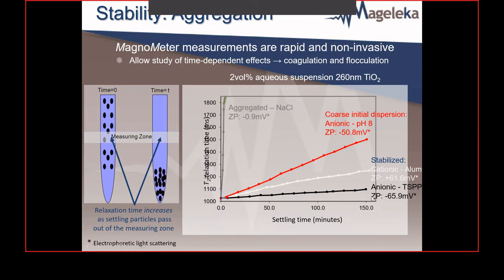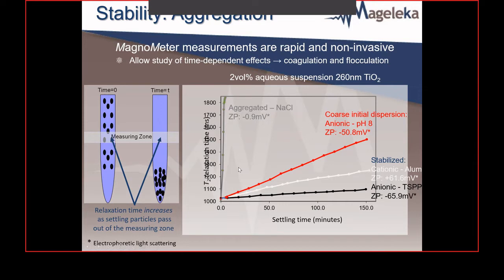But what I then did is take this one, which is highly stable, and then just throw in some 0.145 molar sodium chloride, physiological saline. And what happens at this point, of course, you collapse the double layer, you get massive aggregation by coagulation. And of course, then you get a dramatic increase in sedimentation time. And basically, as I said, you can actually make this measurement about every 1 to 2 seconds. So you can get some very fast aggregation processes here.